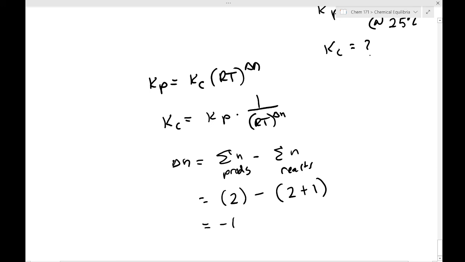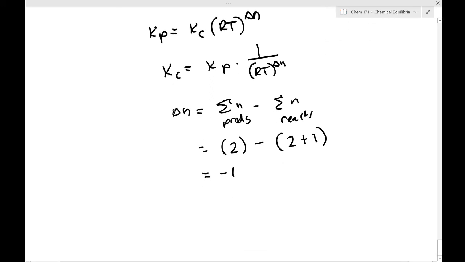Okay, so then that means that Kc is equal to Kp, which is 2.2 times 10 to the 22, and we multiply it by 1 over the ideal gas constant multiplied by the temperature.